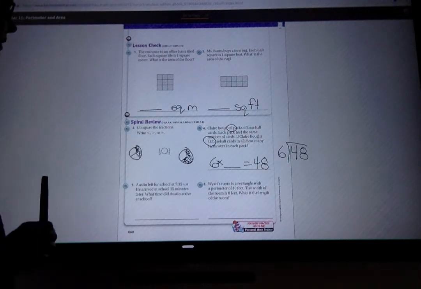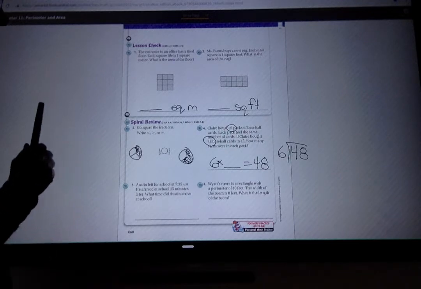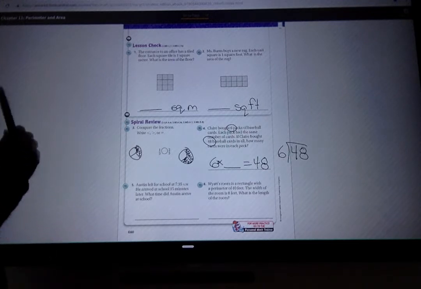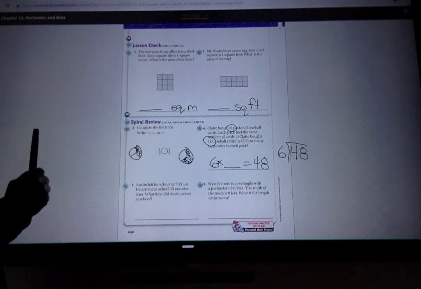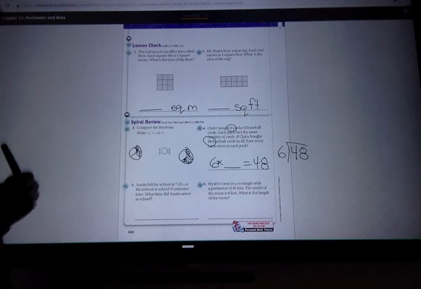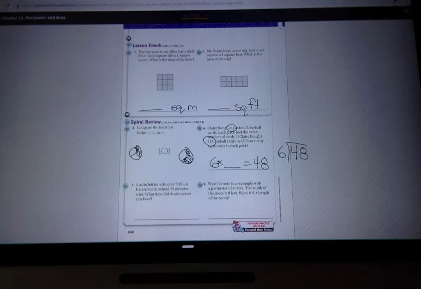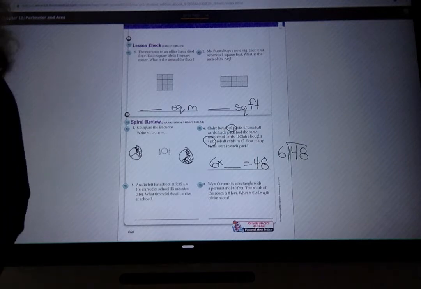Number 5, Austin left for school at 7:35 a.m. He arrived at school 15 minutes later. What time did Austin arrive at school? Let's see. I've got my clock.